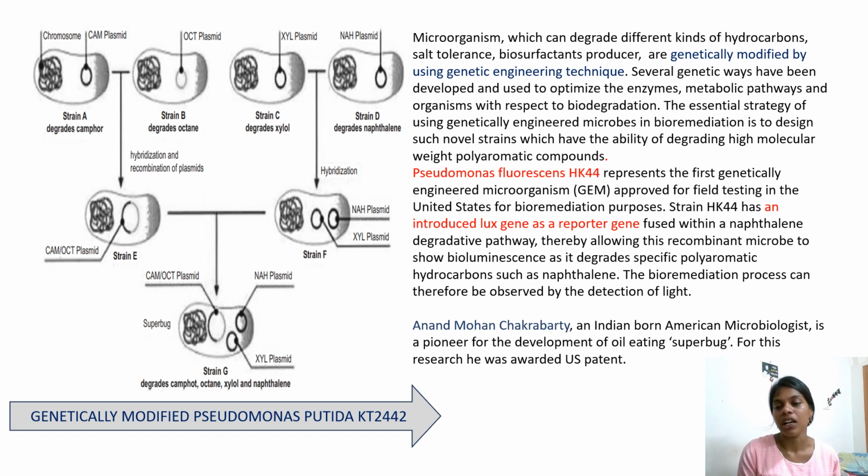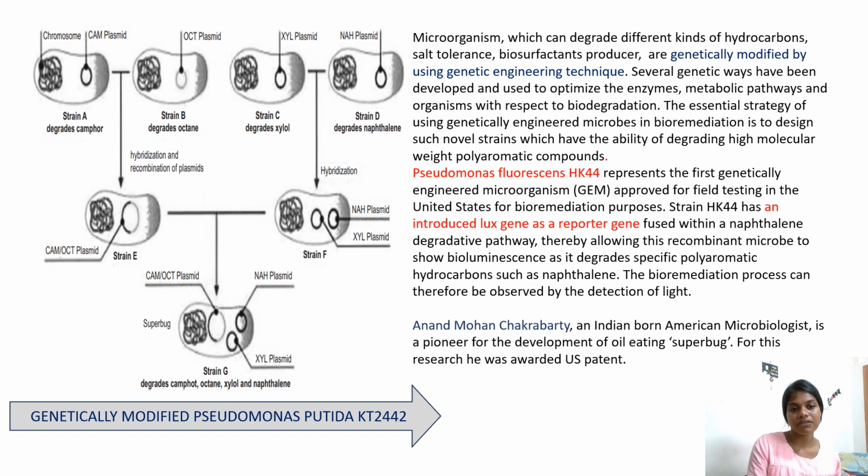Several genetic ways have been developed and used to optimize the enzymes, metabolic pathways or organisms with respect to bioremediation. The essential strategy of using genetically engineered microbes is to design novel strains which have the ability of degrading high molecular weight polyaromatic compounds.